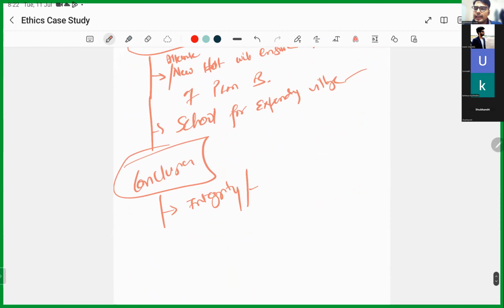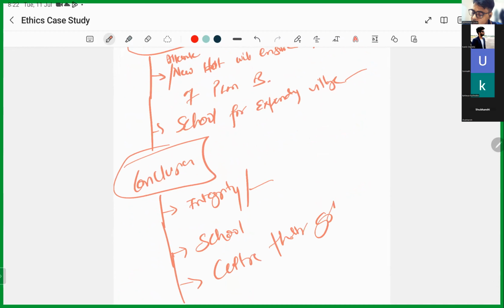Either you conclude with a statement on the integrity, or you can conclude with the school, why schools are important, or you can conclude with the culture, that how Thakurgarh fort is important. These are the three lines of thought you can go for.